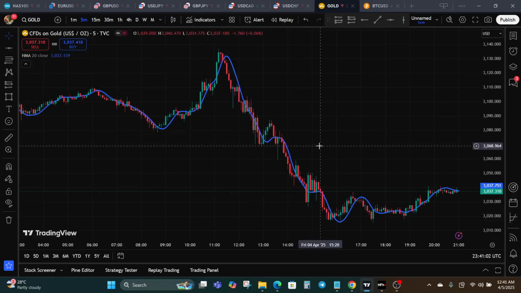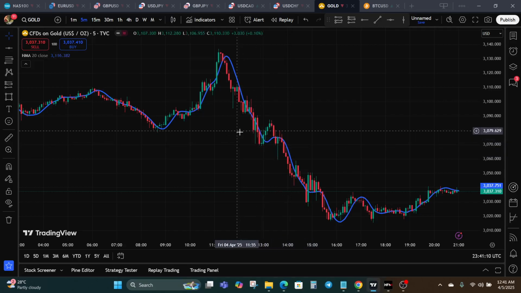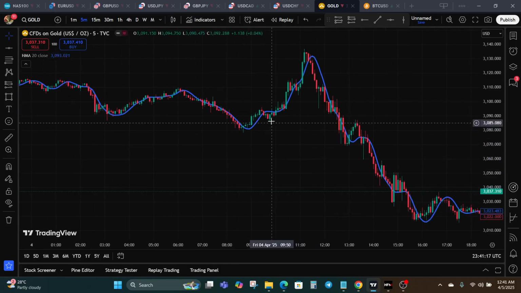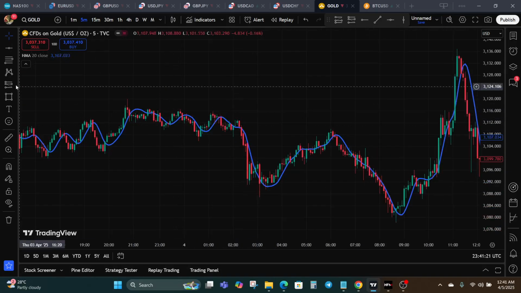It reduces lag dramatically compared to SMA and EMA while maintaining trend following precision. The Hull moving average doesn't just follow price, it adapts to it. It turns faster when price momentum increases and flattens during consolidation.